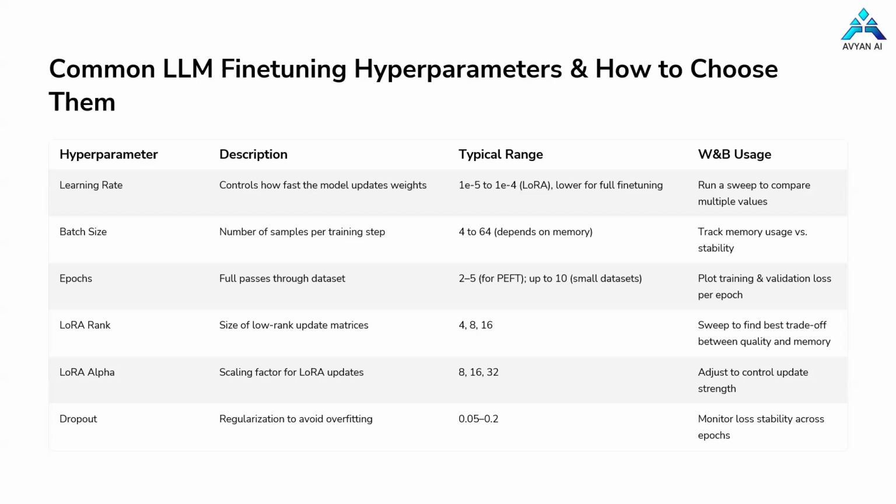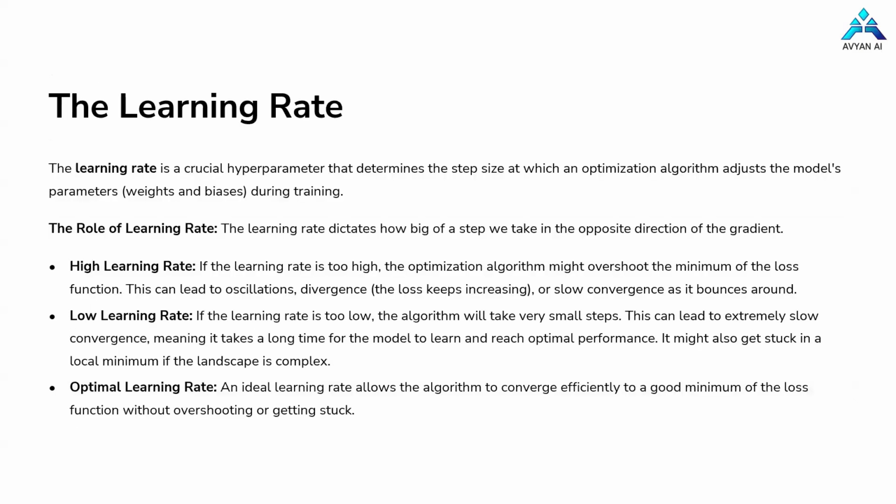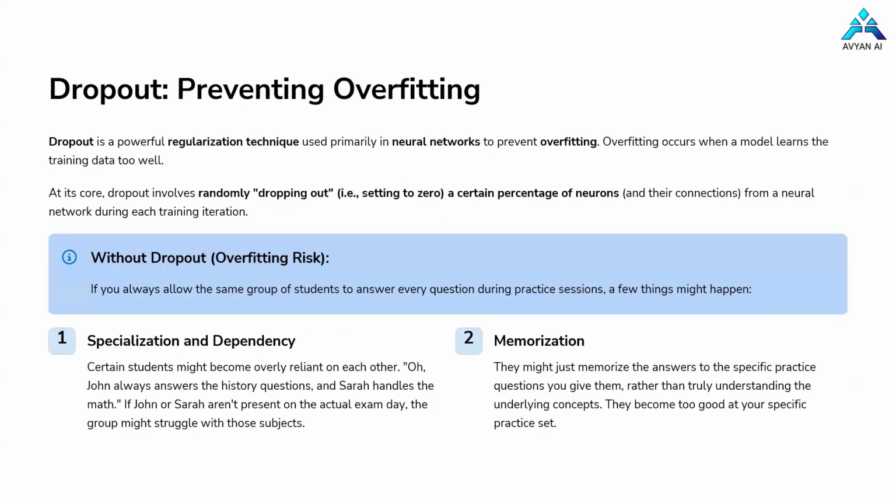We also experimented with multiple values. Epochs, learning rate, and rank alpha are a little bit more complex, which I'm not going to cover. And dropout is about overfitting. We need to avoid overfitting. So what is overfitting?